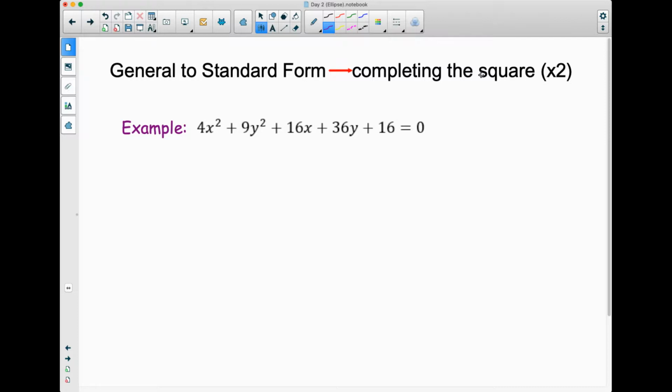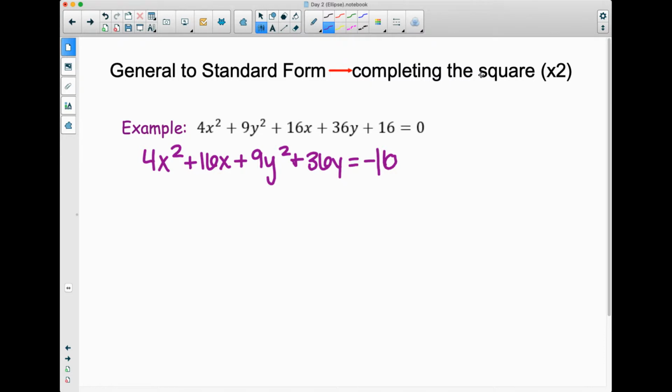Okay, so I'm first going to move together my x's and my y's. It's like going backwards on everything we just did. And move my 16 over. And then we're going to complete the square twice.